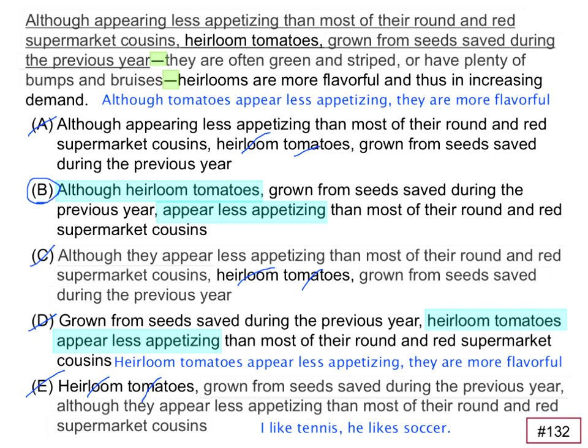And I want to point something out to you on this one. All four of the wrong answers, we could get rid of them because they messed up the fundamental sentence structure. And you'd never make those mistakes if they just gave you the straight out sentence, right? Would you ever look at a sentence and go, "heirloom tomatoes, heirlooms are more flavorful," and think that was okay?